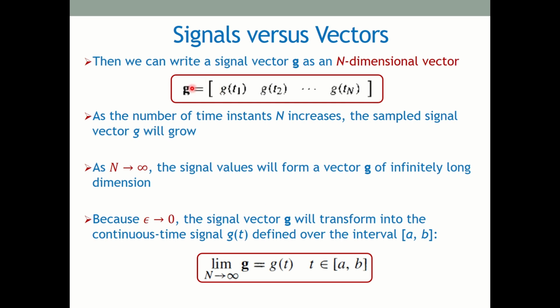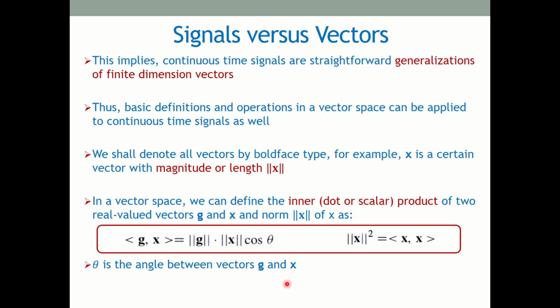So this vector g and g(t) will almost become equal when n approaches infinity. We can write this in an expression form like this. This implies that continuous time signals are straightforward generalizations of finite dimension vectors.